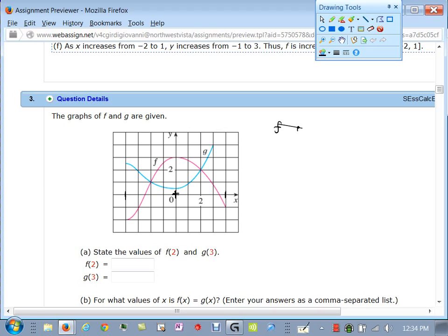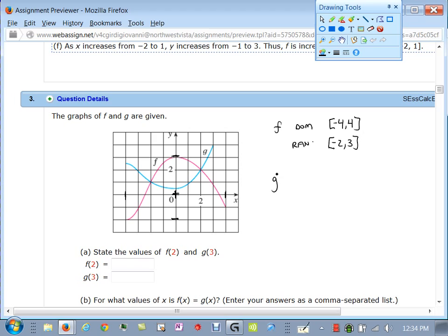So for f, the domain goes from -4 to 4. The range is up and down. So it looks like from here all the way up to here. So from -2 to +3. Those are our y values.